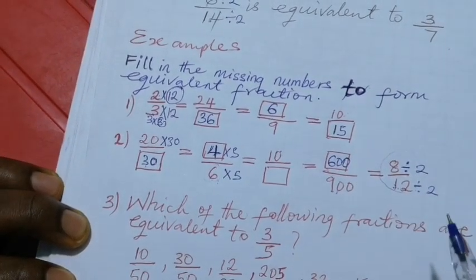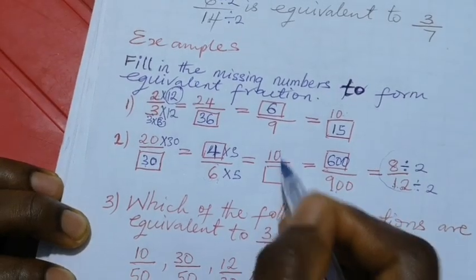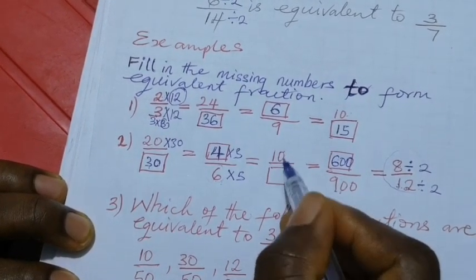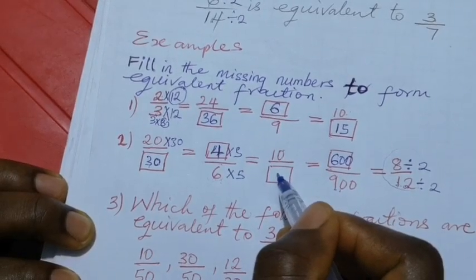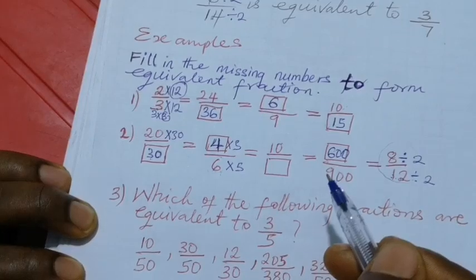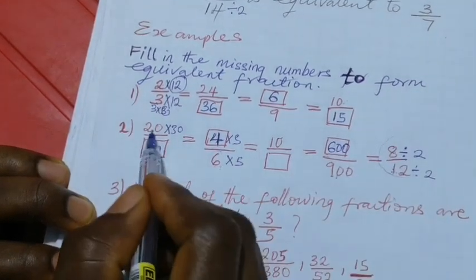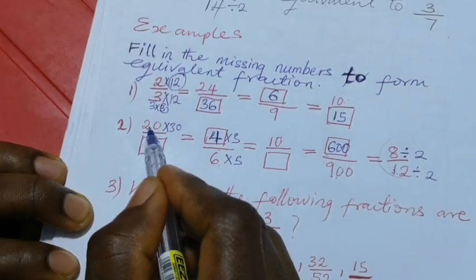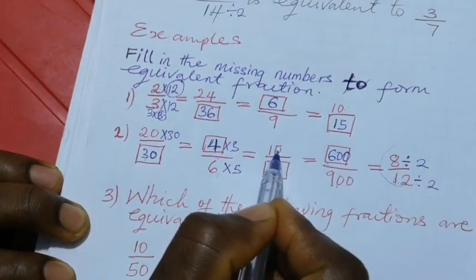Okay? Now it's remaining 10 all over something here. So how do I get this denominator? I will come to 20, because I can divide 20 by something to get 10.